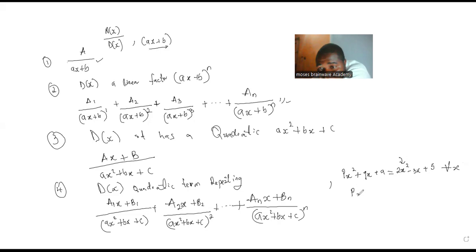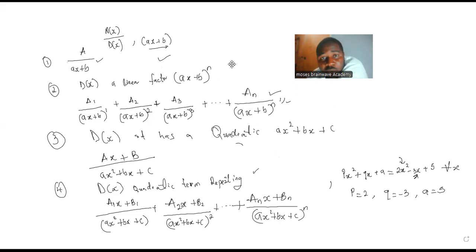So I can clearly say that p is equal to 2, and then q is equal to minus 3, because that's the coefficient of x over here. Then the constant term a is equal to 5. We have established this fact. We have also used this in example 2 or 3, I think. So these are the general types and the general forms of polynomial that you can have.